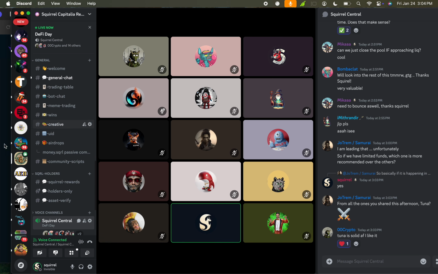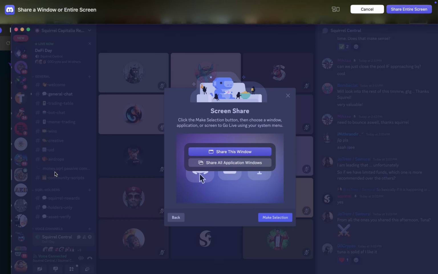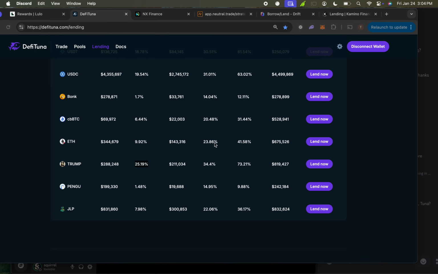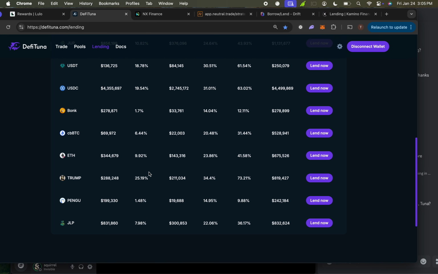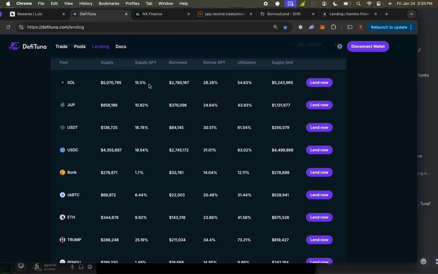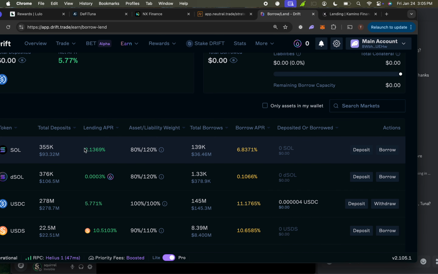I guess I stopped sharing my screen. I'll put that back. But yeah, you guys can see over here, Trump 25% on lending down here, right? And again, 15% on Sol over here with $5 million of supply, versus $95 million of supply, but only 2%. So this is kind of scaling 1-to-1.